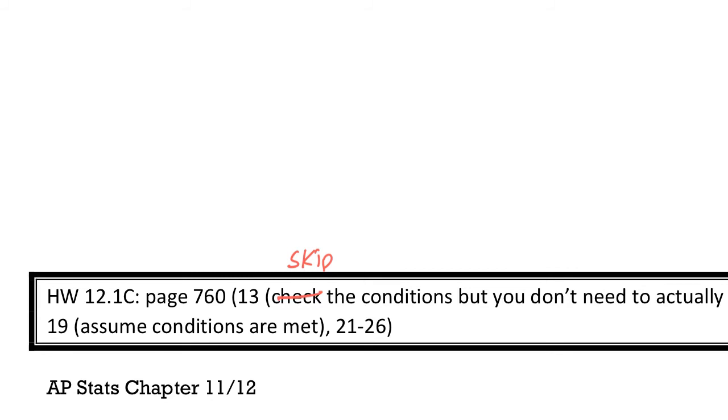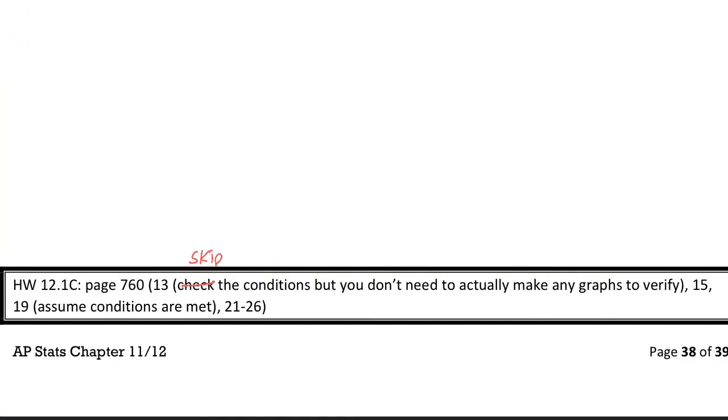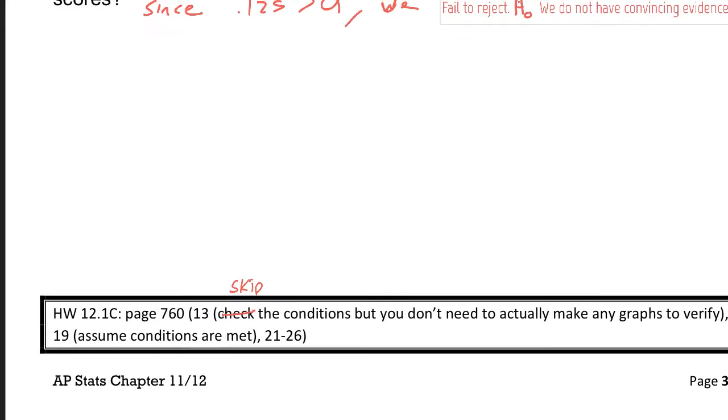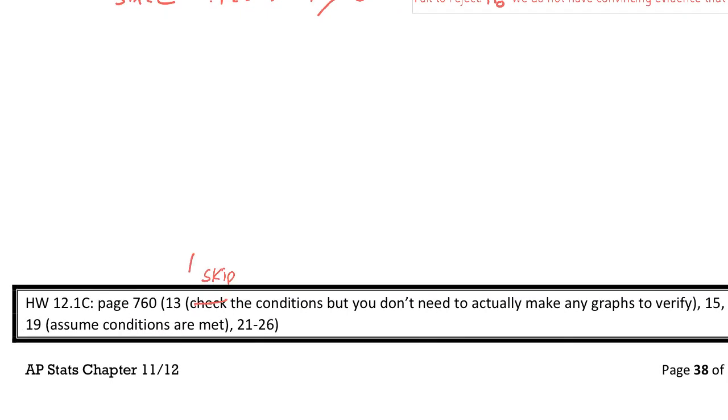And then 15 is a follow-up to 13, and I would say this phrase here, skip the conditions, would also apply to 15. So when you're supposed to do panic, just skip the A step and just do the rest of panic. And then 19, we're just going to throw out entirely, which is just another one, but then given the data. So we'll just skip number 19.